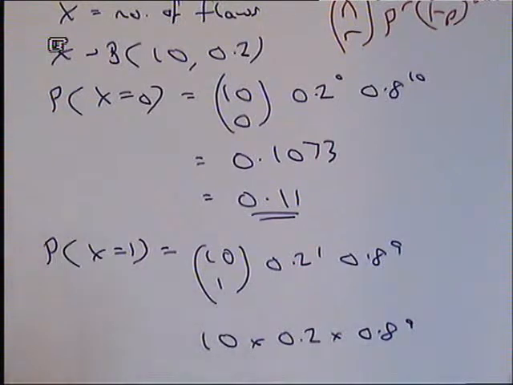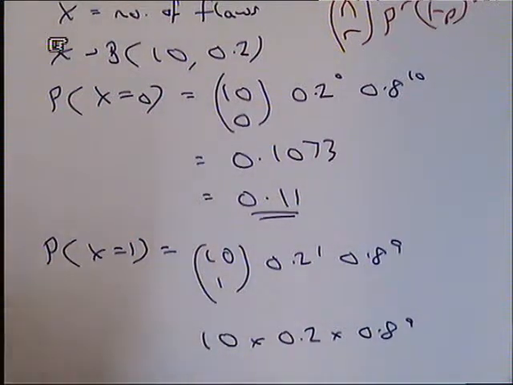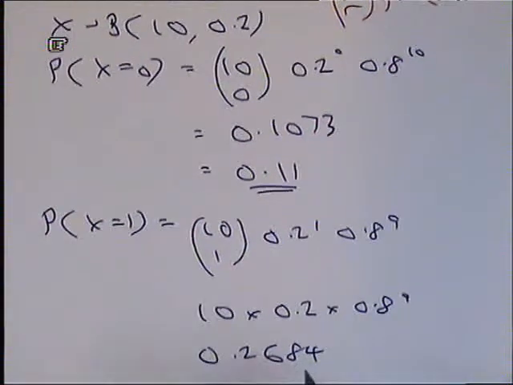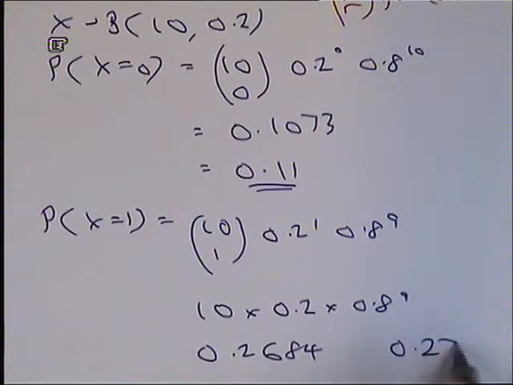So I should be doing 10 times 0.2 times 0.8 to the power of 9. My calculator is showing me something which isn't right because I typed 110 in. I'll do that again. 10 times 0.2 times 0.8 to the power of 9. My calculator is giving me 0.2684. So to two significant figures, that would be 0.27.